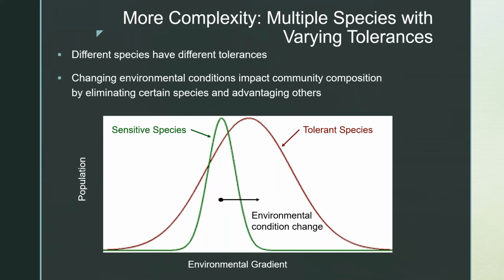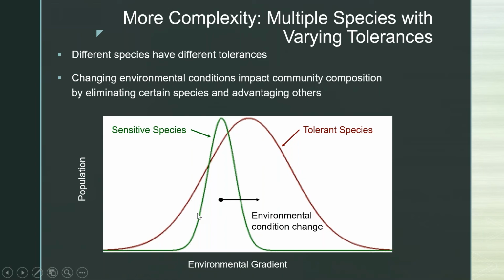Well, a sensitive species is one with a very narrow tolerance range. Tolerant species have a much broader tolerance range, which means the environmental condition can move quite a bit more for tolerant species before they reach stress.